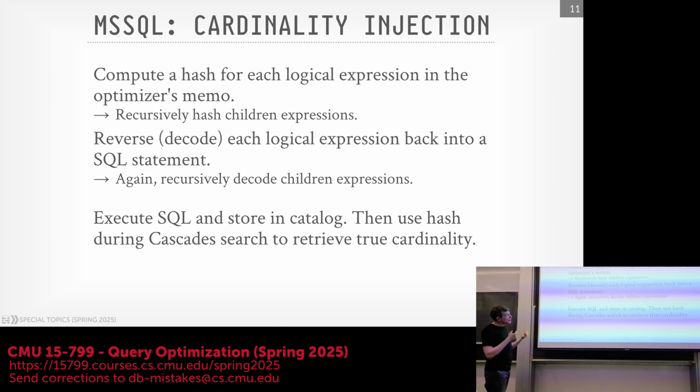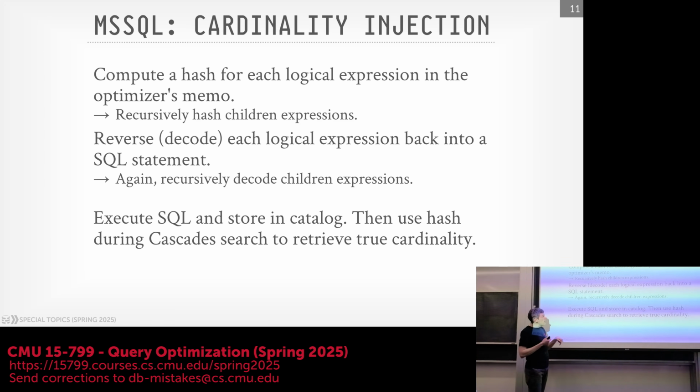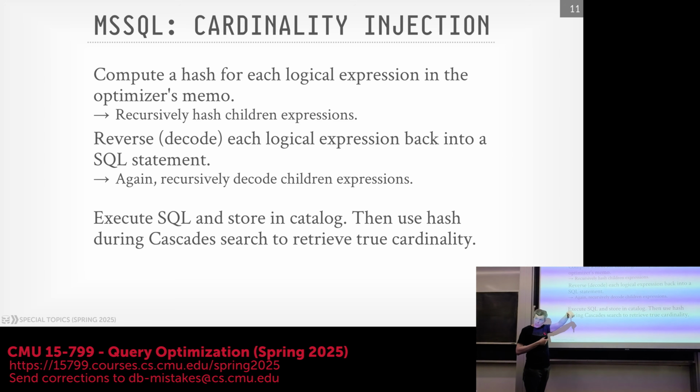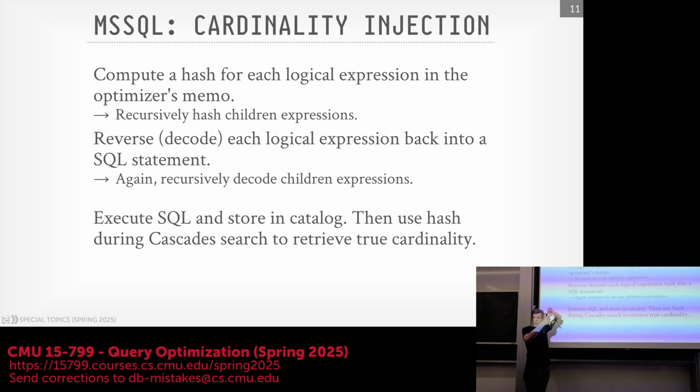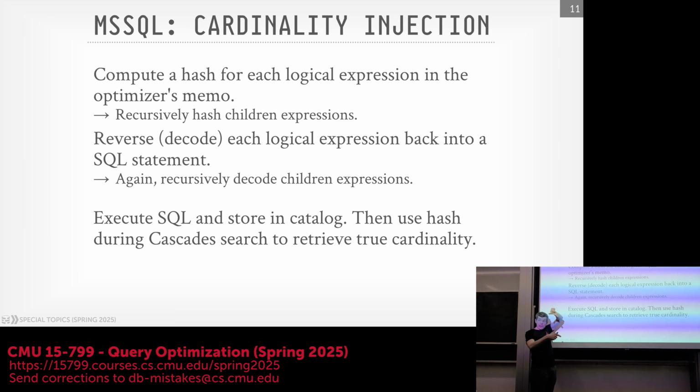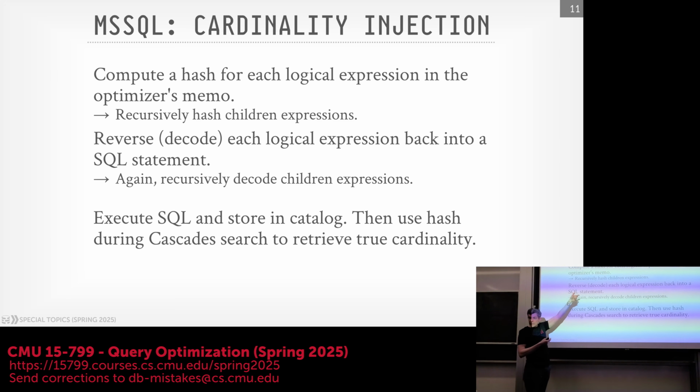And then for each logical expression that's in your memo table, they're going to do a recursive hash on that logical expression and all its children expressions and all its children's expressions till you get to the leaf nodes. So now you have this hash that encompasses the subtree rooted at each logical expression in your memo table.